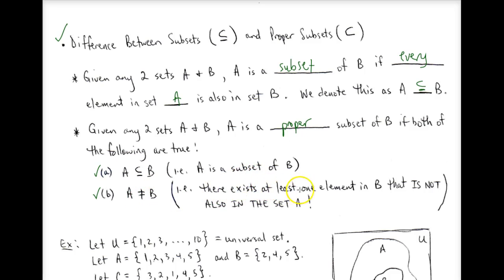Or there exists at least one element in B that's not also in A. By definition, that means the cardinality of A is less than the cardinality of B. Okay?